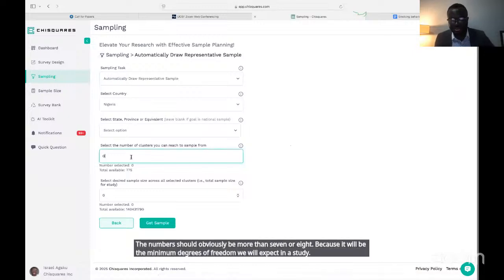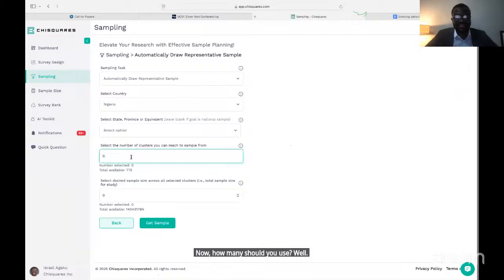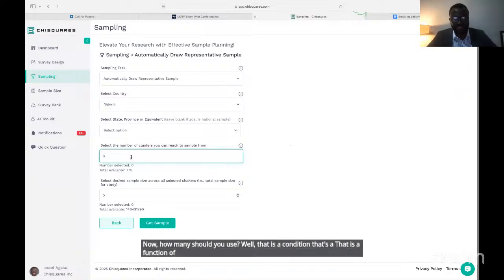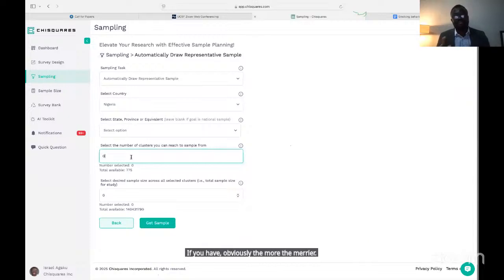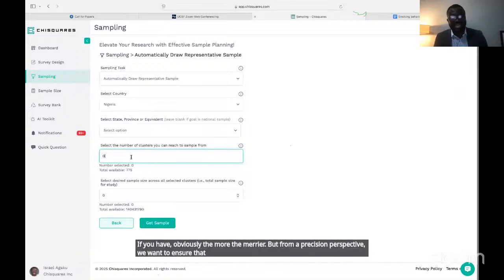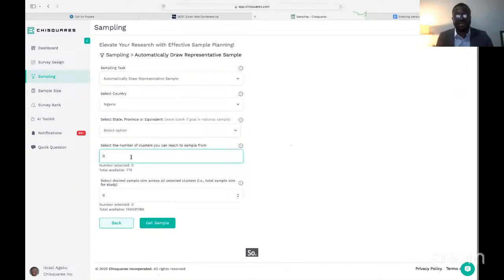Now, how many should you use? Well, that is a function of how much money you have. Obviously, the more the merrier. But from a precision perspective, we want to ensure that you have a minimum of 8 degrees of freedom, right? But like I said, the more the merrier.